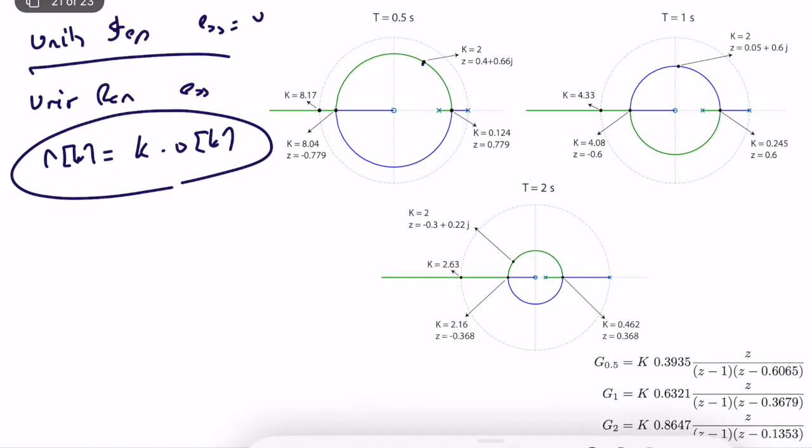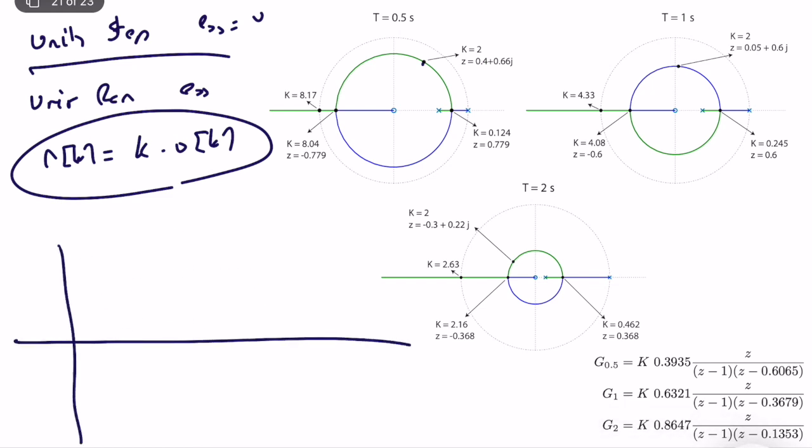Here, let's plot R of k for T equal to, for example, 2 seconds. It starts from 0. At 2 seconds, k is equal to 1, so it is equal to 1.